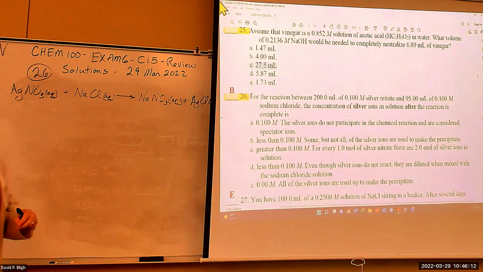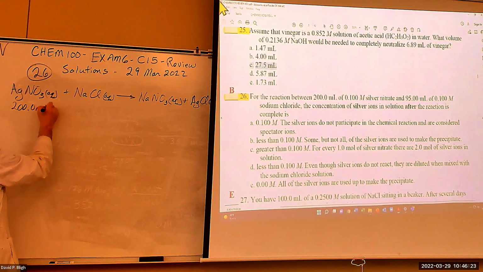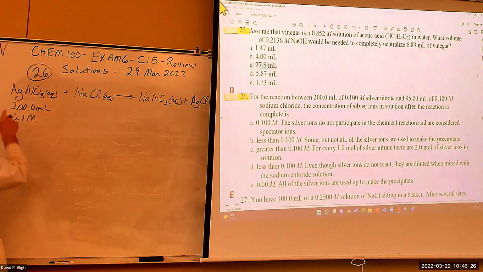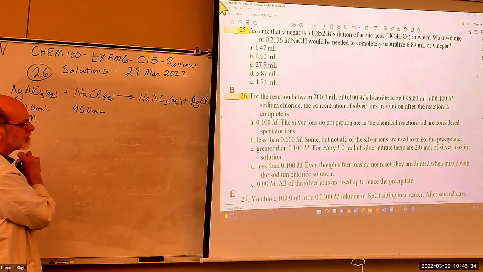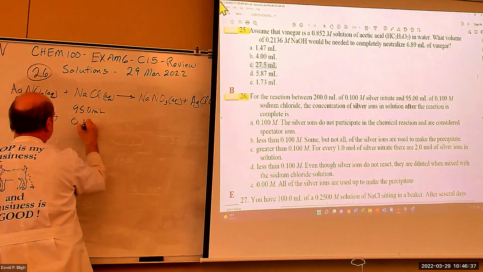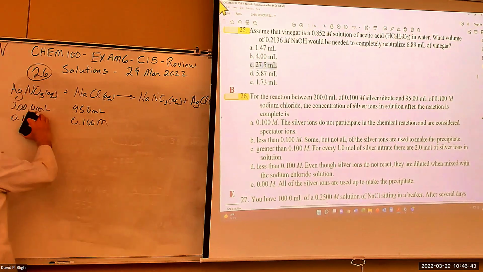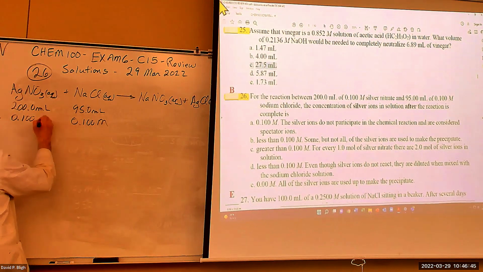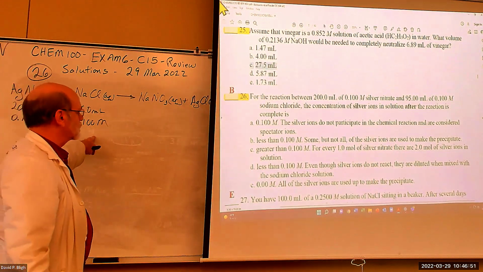Now, what do we know? 200 milliliters of 0.1 molar silver nitrate, and 95 milliliters of 0.1 molar sodium chloride. The question is, what's the concentration of silver ions?